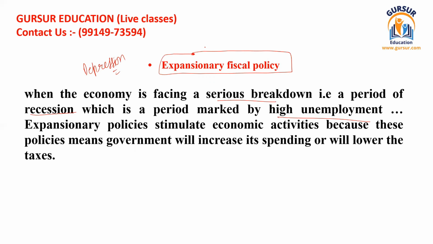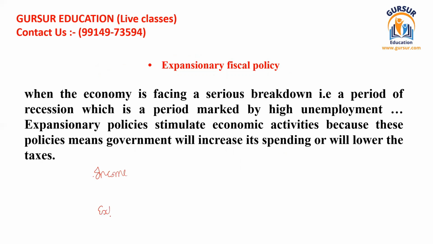Okay, so what is that? In that, the government increases its expenditure and lowers its taxes. Okay, so you can see here there is income and there are expenses. What we have talked about in the definition of a fiscal policy is that the government manipulates its income and expenses. So in case of expansionary fiscal policy, the government reduces its income and increases its expenses.